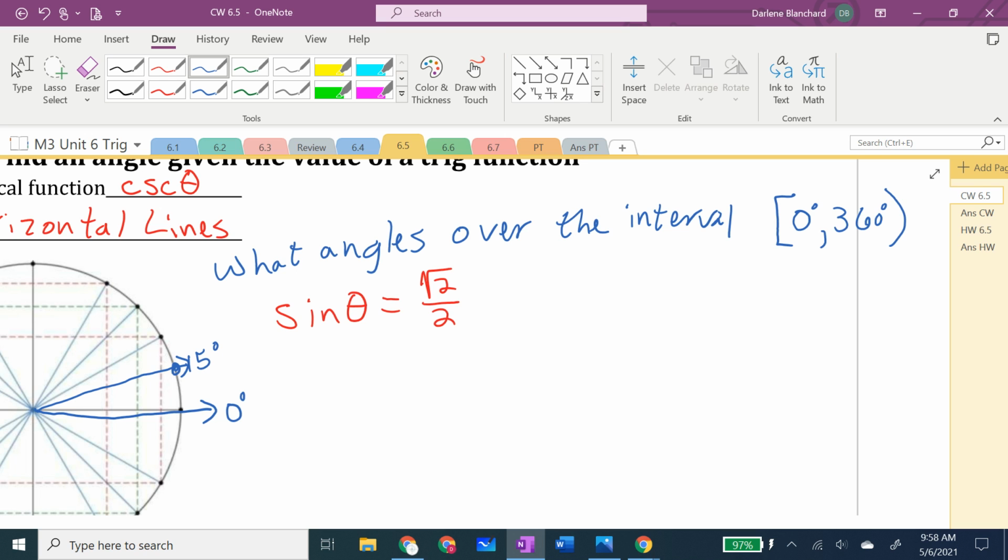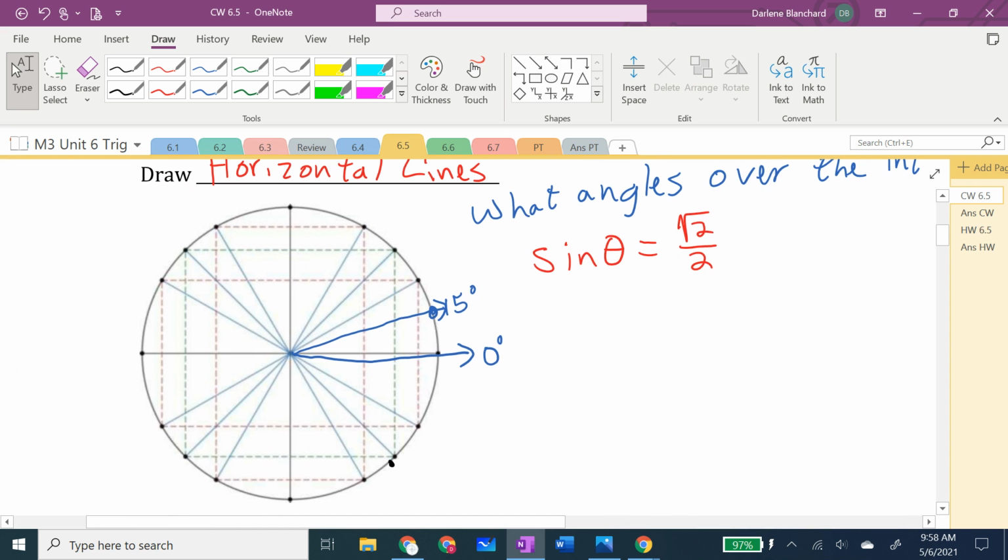Does that make sense what I mean? Every point on this circle represents an angle for which the terminal side of the angle intersects the unit circle. So there's only one angle per point on the circle.